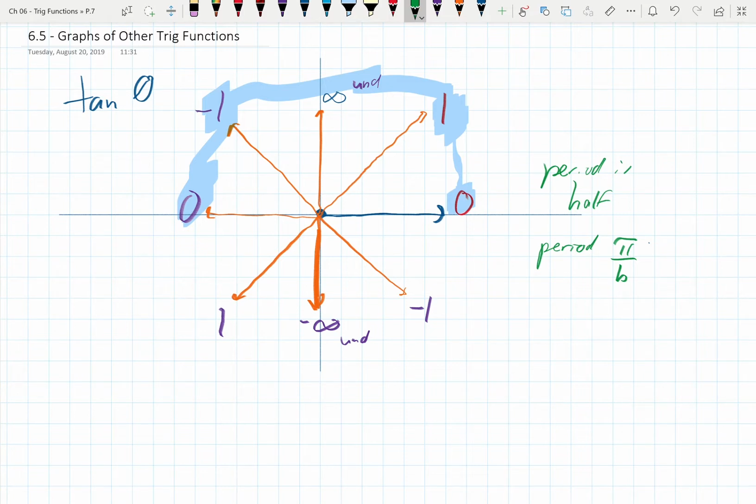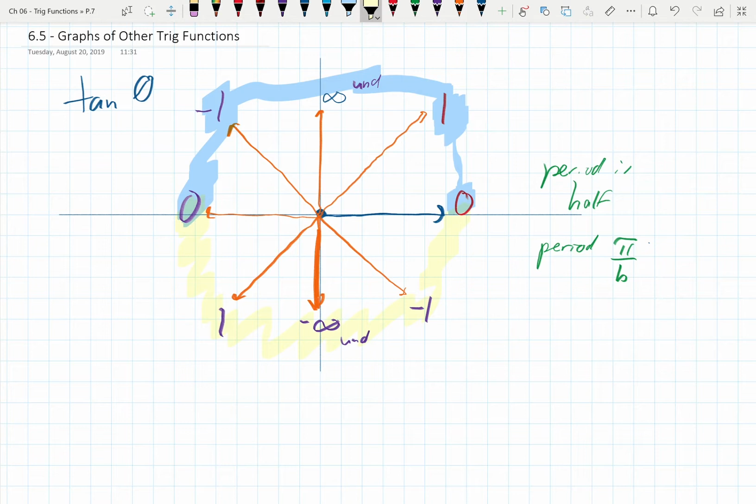So tangent duplicates 2 cycles within 0 to 2 pi. It goes 0 to 0 that way, and then you go 0 to 0 down again. And the graph is going to look the same for the 2 of those. You cycle through all the tangent values because all the tangent values in quadrant 1 are the same as they are in quadrant 3. All the tangent values in quadrant 2 are the same as they are in quadrant 4. It's the same cycle.